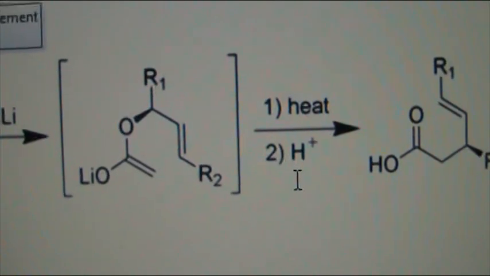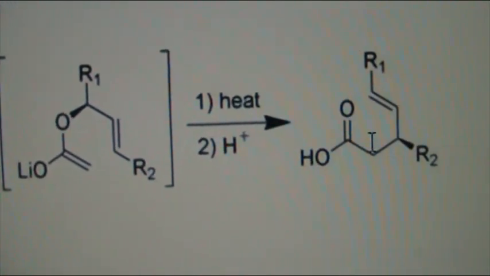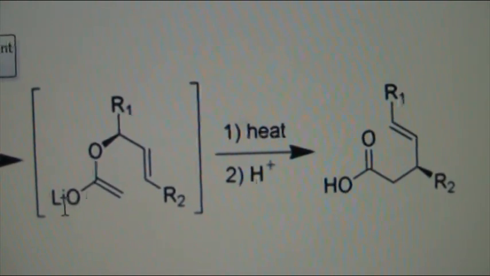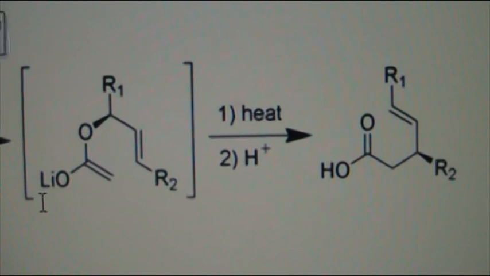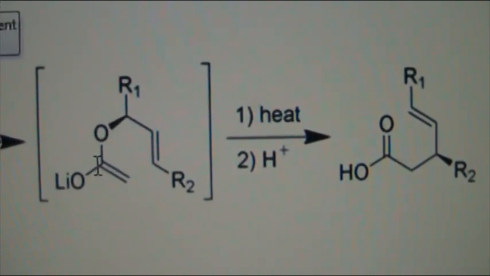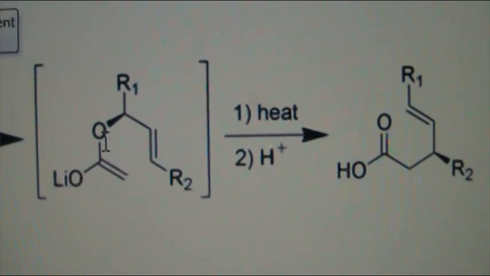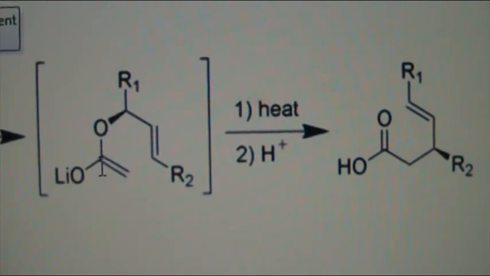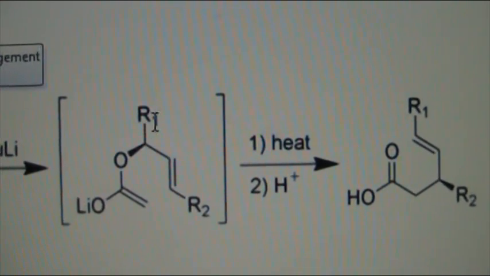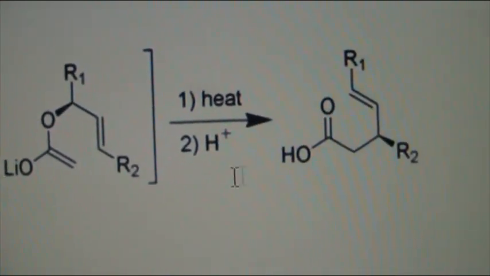If you heat and add some acid, what happened? Again, same thing happened. Lithium is not here, but is alcohol here. Lithium leaves. H replaces this one. But something else is happening here. Again, same thing. Double bond, and these electrons taking here. This electron moving here. You can see it is the same thing happening here.